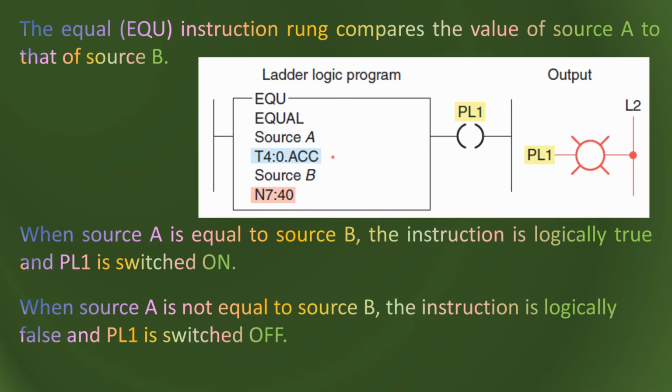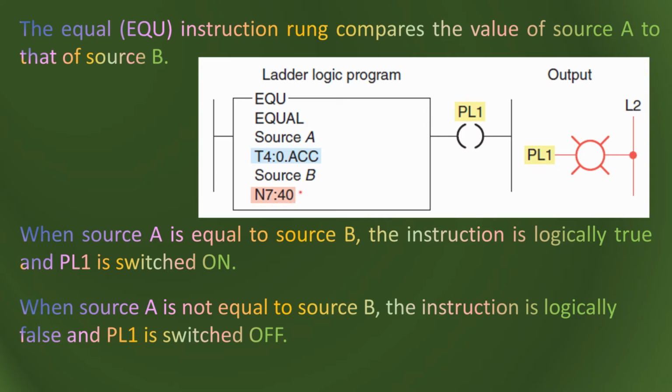So this is the format of the equal instruction. We have source A and source B. Now in source A, suppose we have moved the data from the T4 accumulator, and in source B we have moved the data from N7:40.